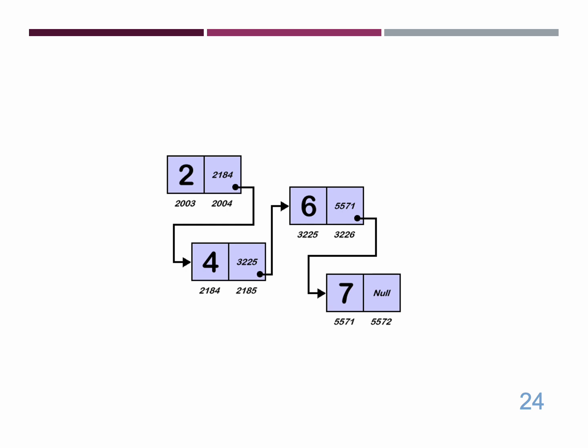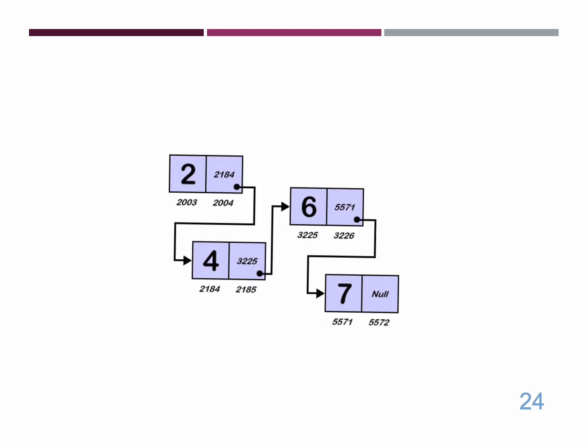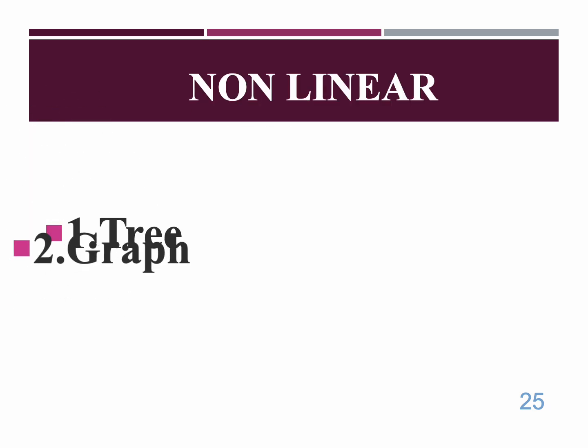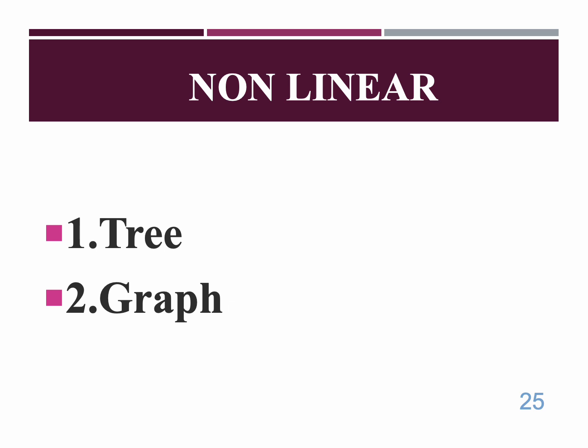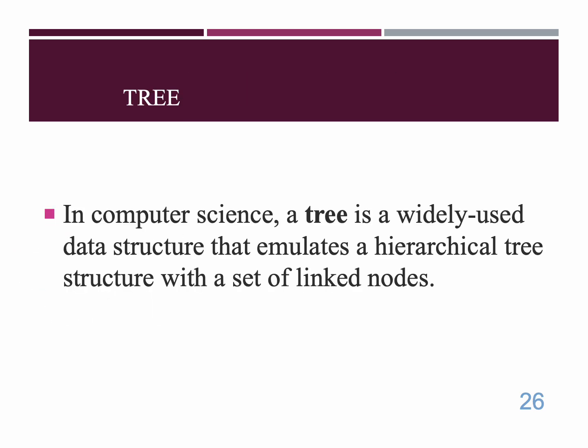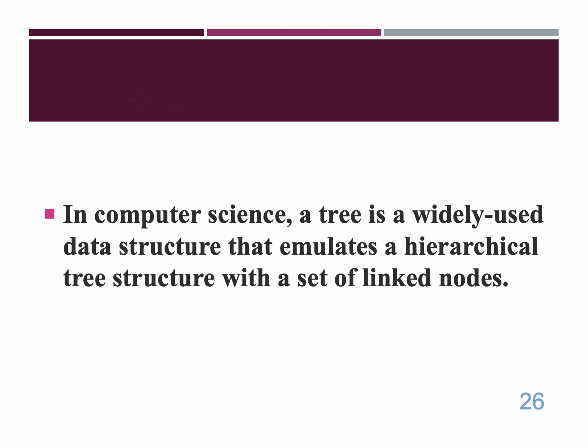Okay, so here we will now move forward to non-linear ones. Tree and graph are non-linear data structures. In computer science, a tree is a widely used data structure that emulates a hierarchical tree structure with a set of linked nodes.